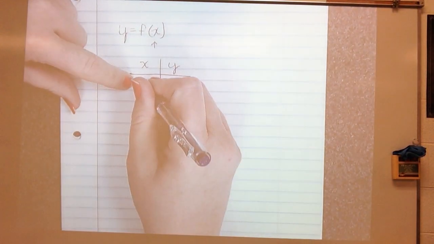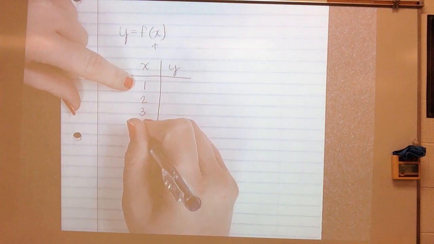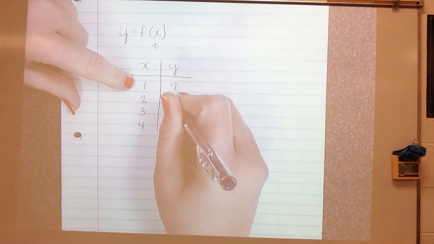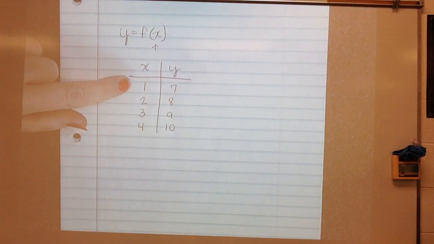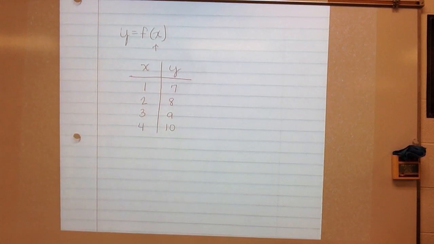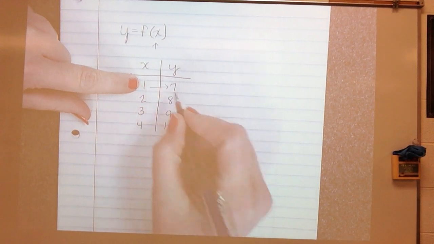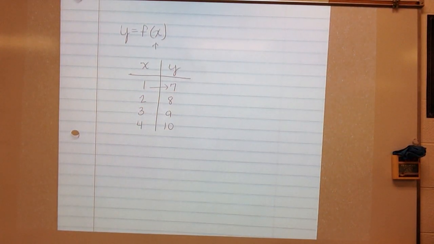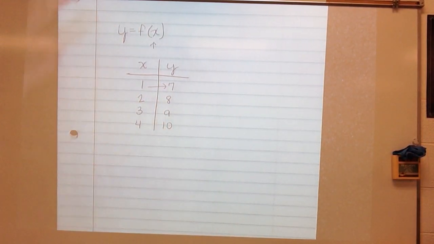And we said, if I put my x and y values as long as my x only had one value, so in other words, if I put 1 in, and I knew that 1 can only give me a value of 7 for y, and 2 could only give me a value of 8 for y, as long as my x only gave me one value for y, then it was a function.